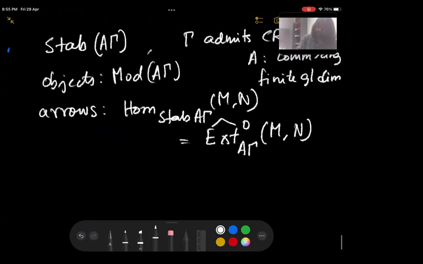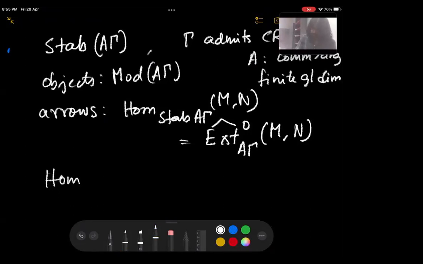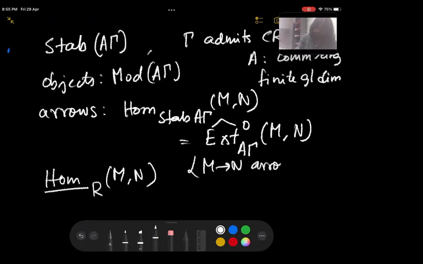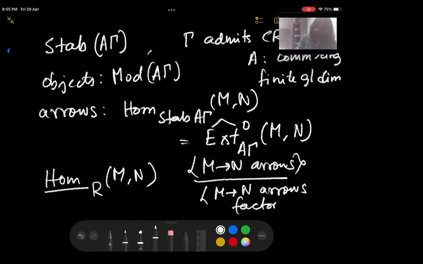So what is X hat 0? Well, to get there, we need to do first this thing. When I write hom underbar MN, I mean all MN arrows quotiented by all arrows that factor through a projective module.